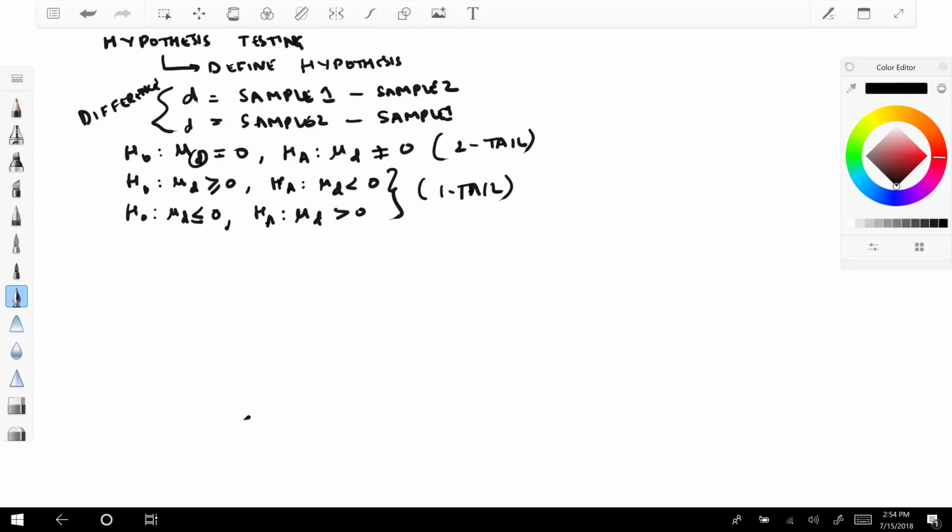So once we define our hypothesis, the next step would be to compare the test statistic with the critical value.